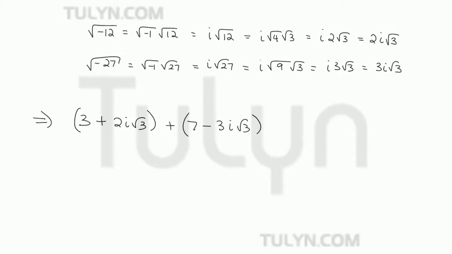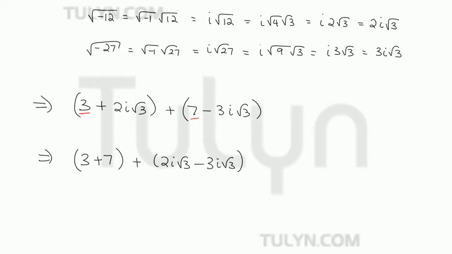So now, adding these numbers, what we do is we combine the real parts together first. So we get 3 plus 7, and then we add the imaginary parts. So we get 2i square root of 3 minus 3i square root of 3. And I didn't do anything weird here. I just used the commutative property of addition to just move the terms around.